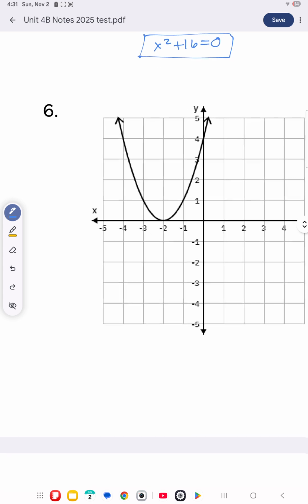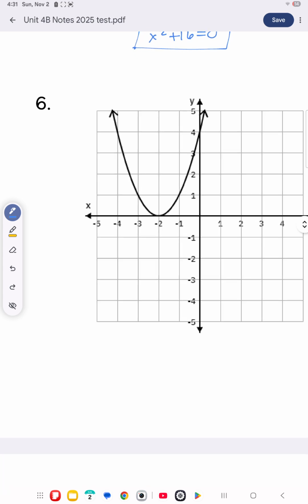Another one here. This one is, remember I told you before about double roots, right? Every quadratic has 2 roots. You can have 2 real roots, you can have 1 real double root, or you can have 2 complex roots. So here, I have x equals negative 2 as my root. That means x plus 2 is my factor. All right?